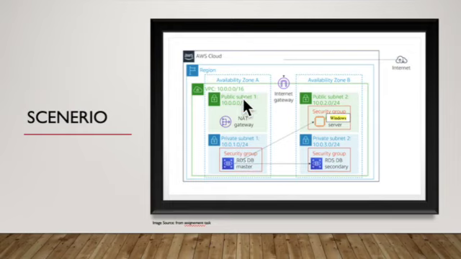We see the VPC has two public subnets and private subnets: public 1 and private 1.